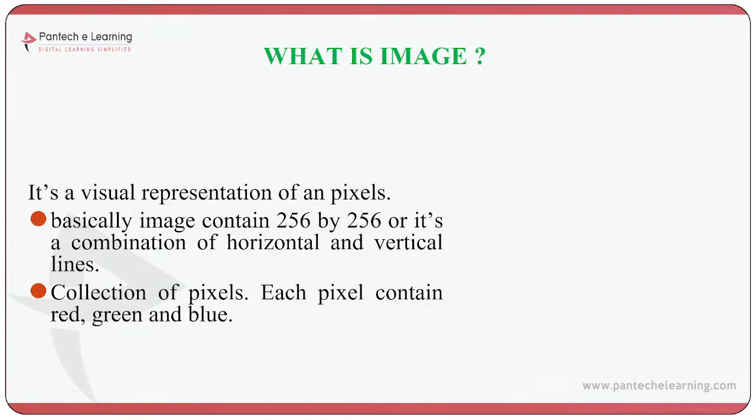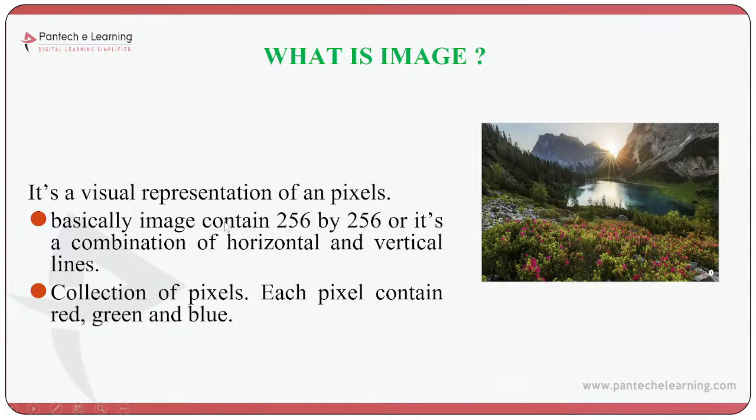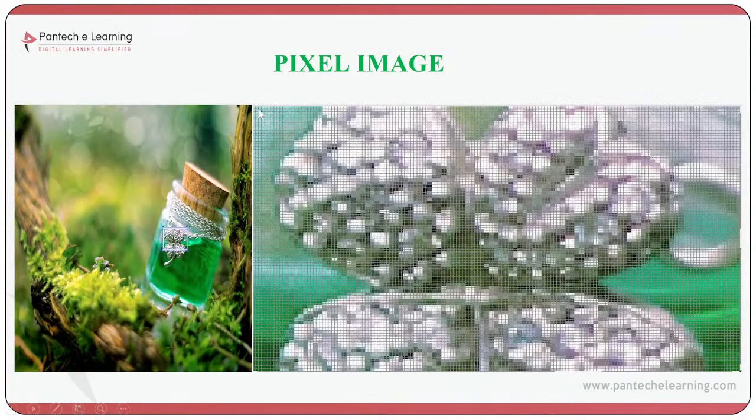That will be the matrix. And 256 by 256 means the image size, the size in pixels. This is the single picture which is converted into rows and columns, the matrix form of the image. If you zoom, you can see the square shape.